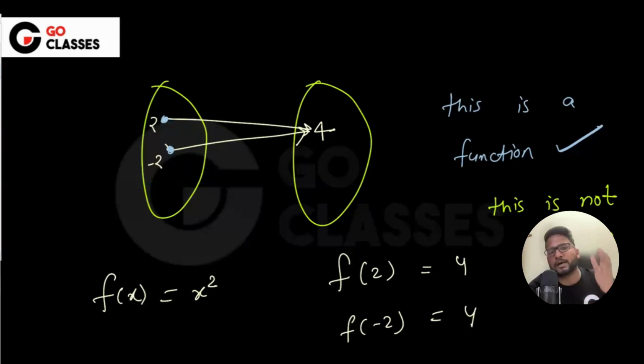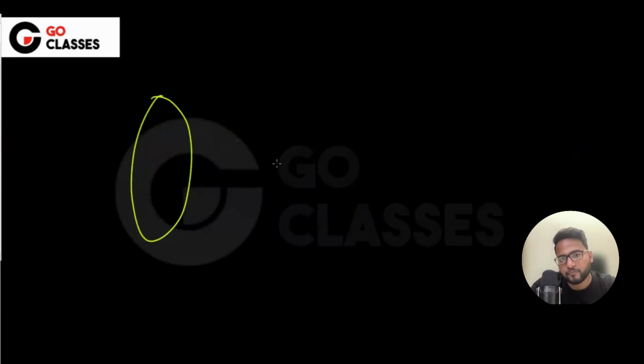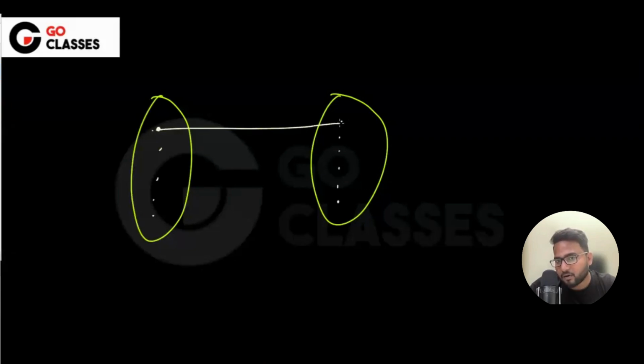The definition of one-one says that if you have multiple elements here, then each element here will be mapping to exactly one element.